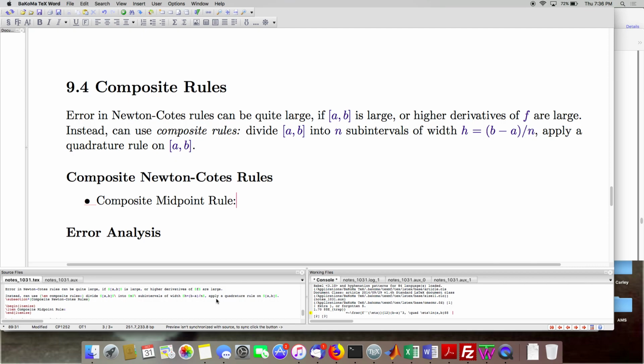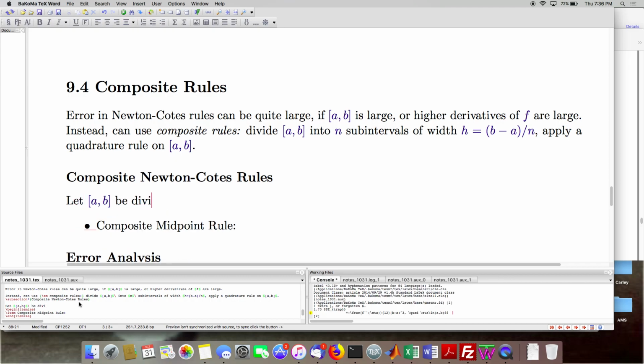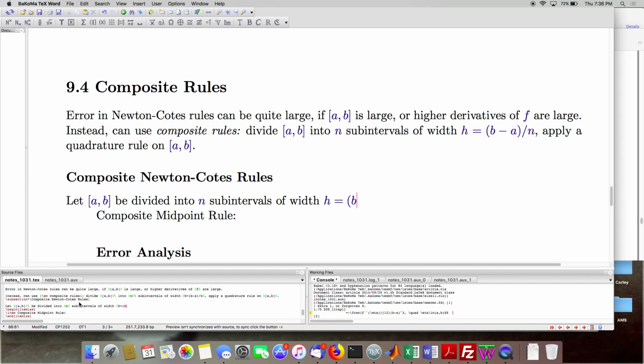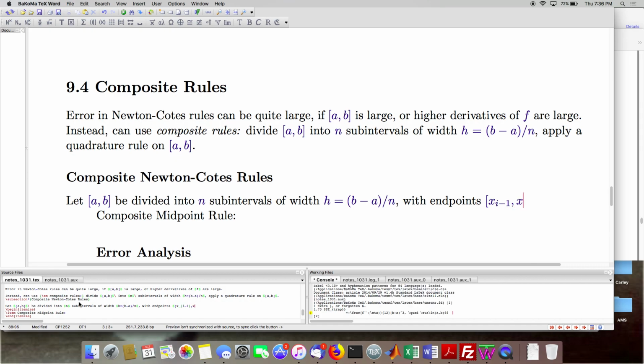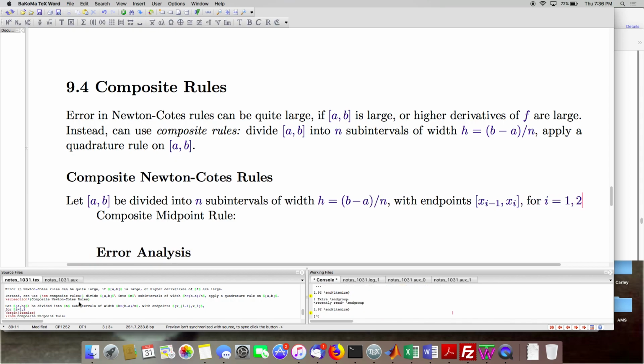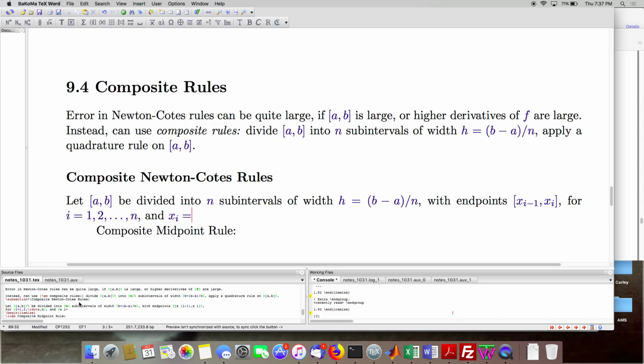Well, actually, before I lay out the rules themselves, we let interval AB be divided into n subintervals of width h equals (b minus a) over n, and with endpoints x_{i-1} to x_i for i equals 1 up to n, and x_i is equal to a plus i times h.